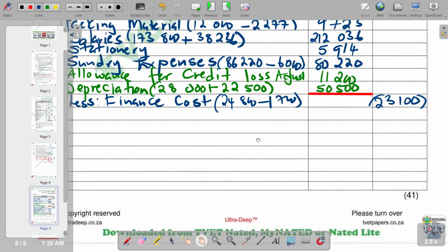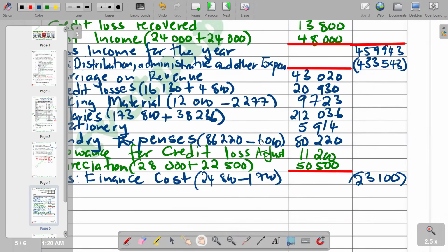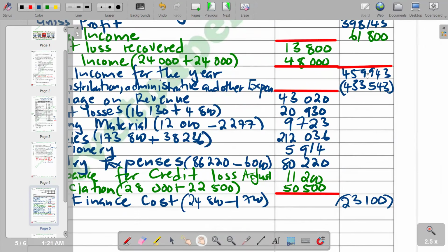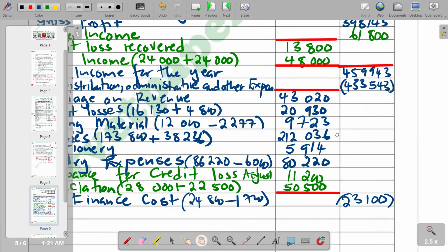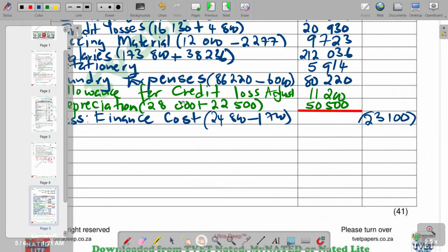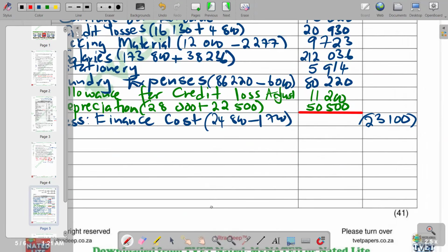So we are saying 459,943 minus 433,543 minus 23,100. And then we get a net figure of 3,300, which is now the net profit for the year.